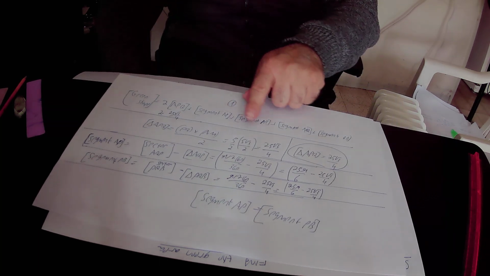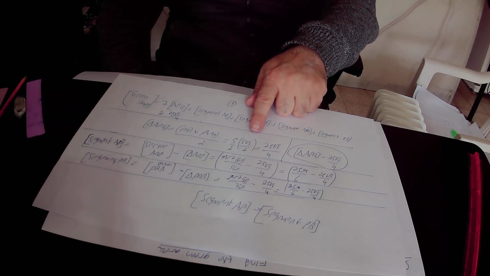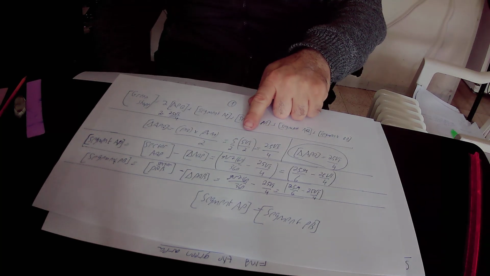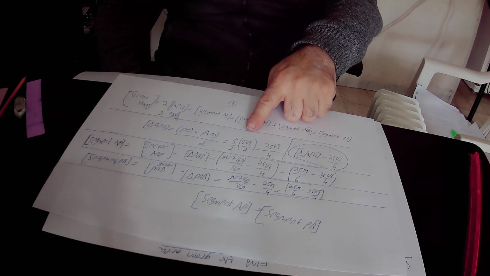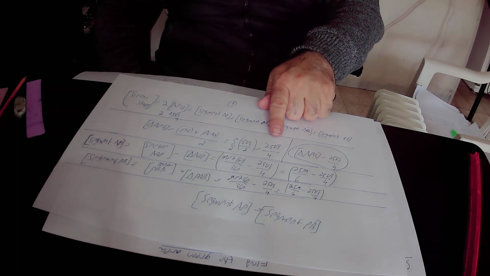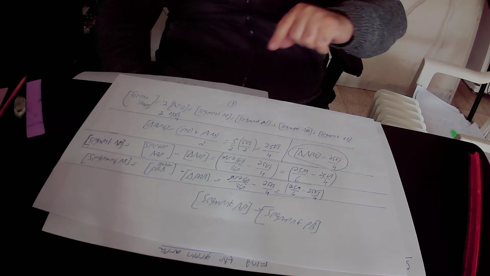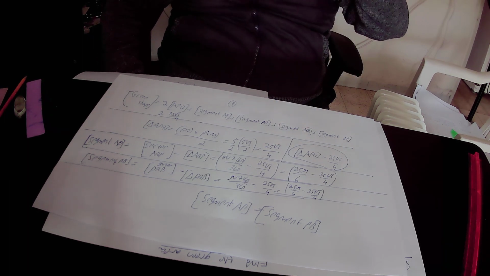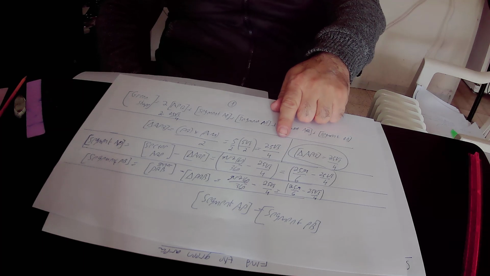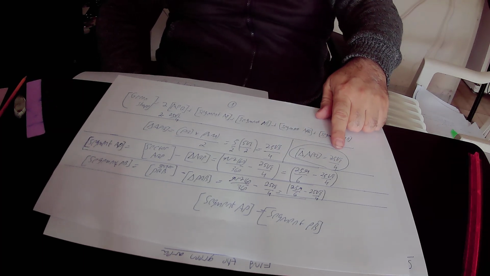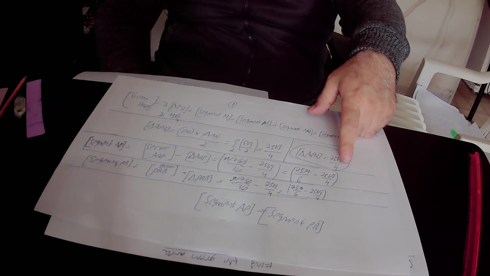So PQ is 5, AM is 5 times square root of 3 over 2, all divided by 2. So here 5 times 5 is 25, so in the numerator we have 25 times square root of 3, and 2 times 2 is 4, in the denominator we have 4. So we found out that the area of triangle APQ equals 25 times square root of 3 over 4.